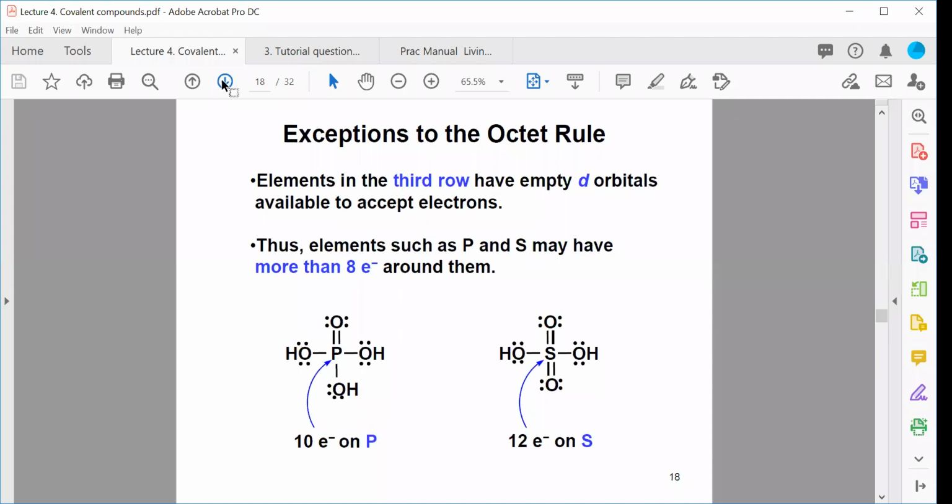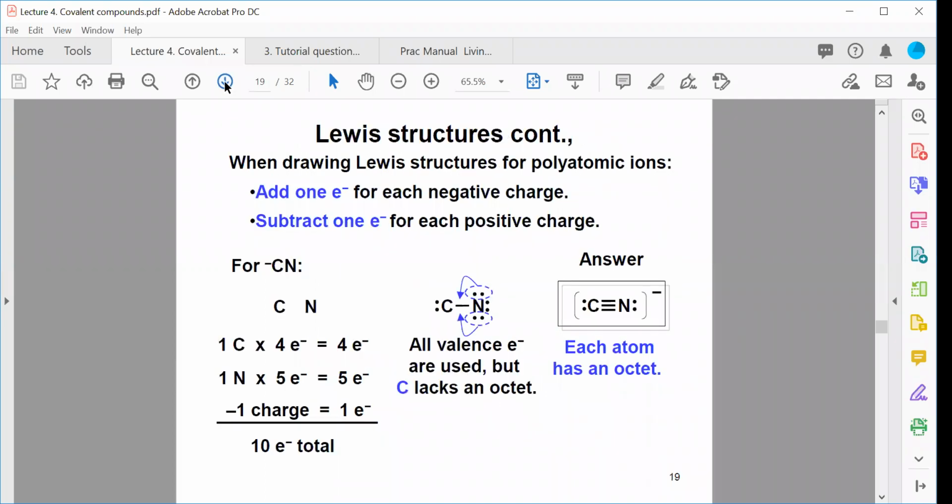And here's another 2 exceptions to the rule. This generally involves some of the elements in the 3rd row. So phosphorus is a good one. It can be surrounded by 10 electrons, and sulfur is another one, can be surrounded by 12. Okay, exceptions to every rule.